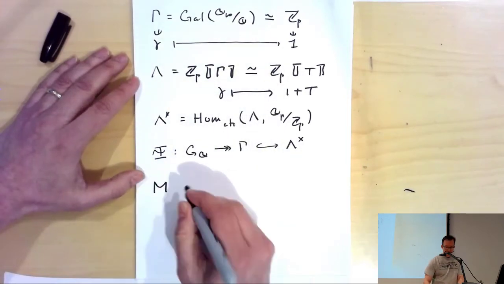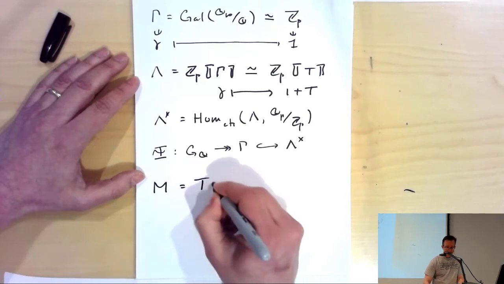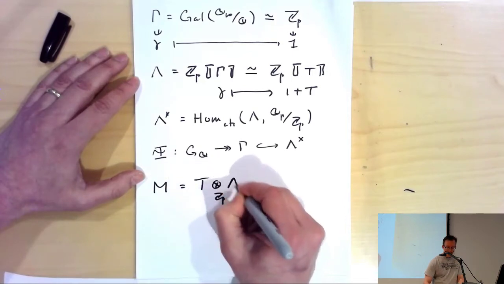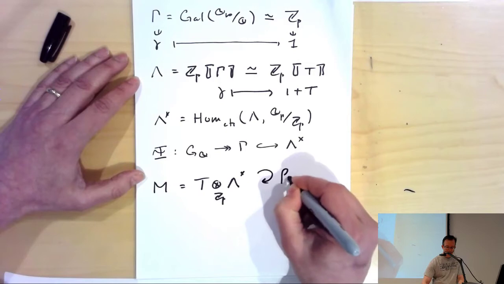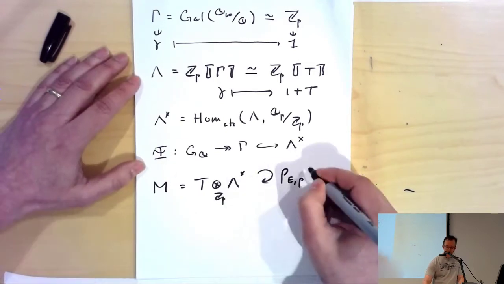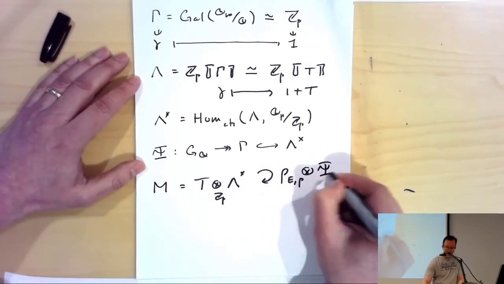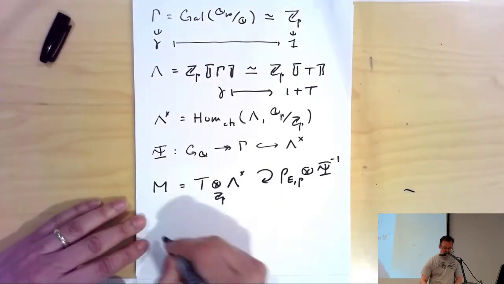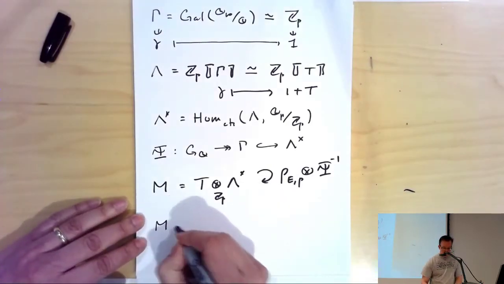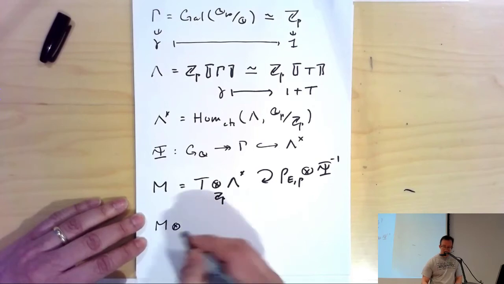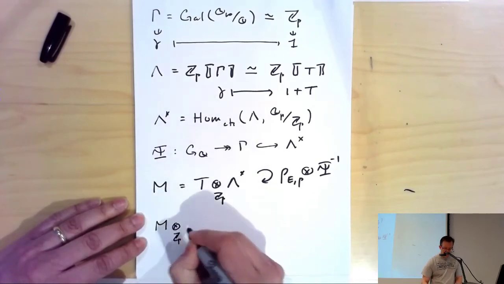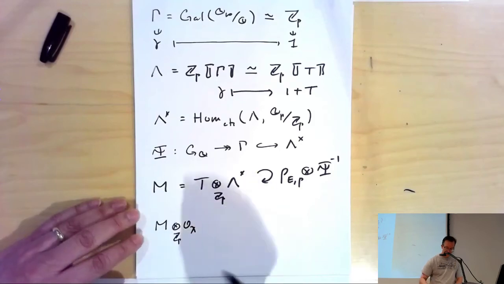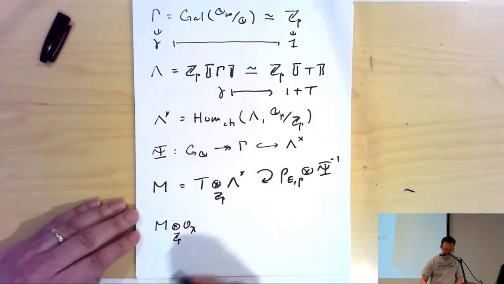So there was this module M, which was T tensor Z_p Lambda star. Again, we have the action on the Tate module, but then I was twisting it by the inverse character. And it had the property that if we look at M extend scalars, so I think I may have missed including this on one of the formulas yesterday, and it confused people.